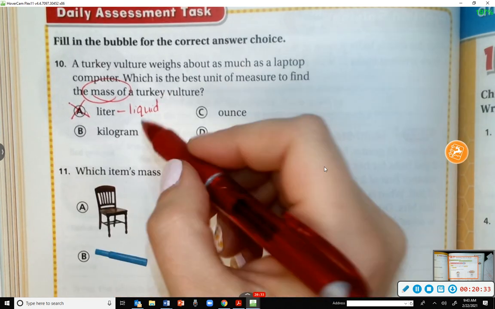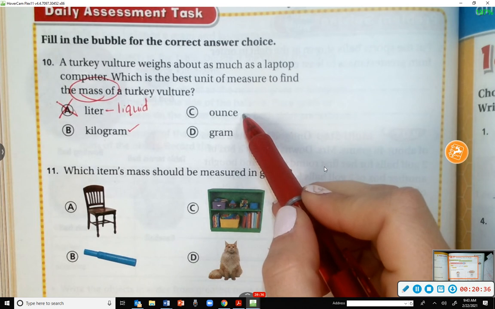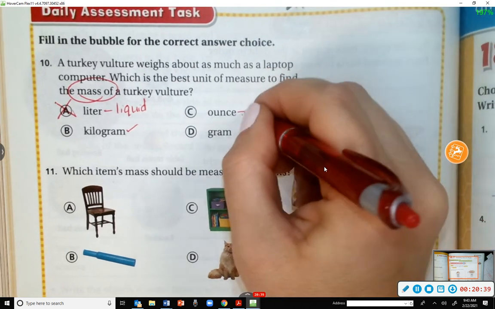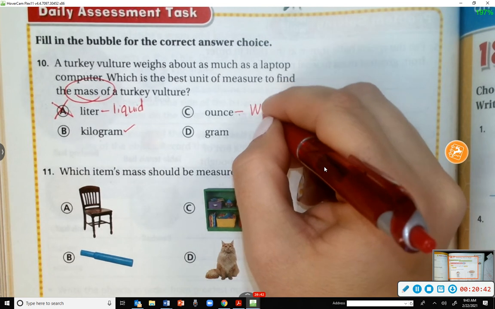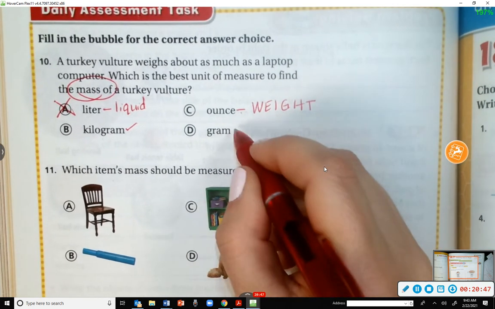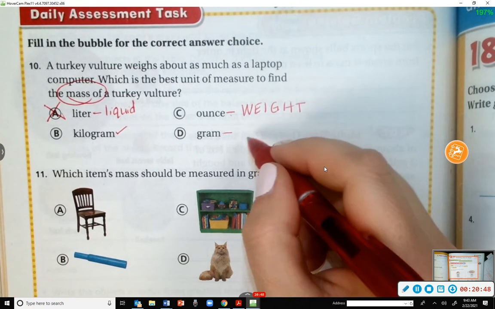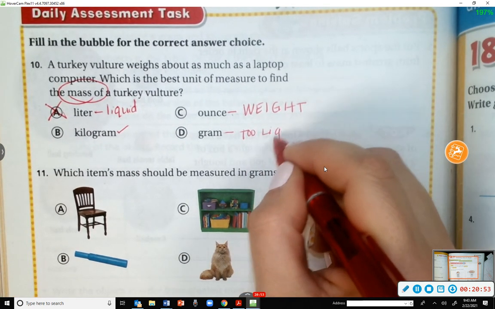Yes, they're pretty big. Okay? What about an ounce? No, ounces are not used for mass, they're used for weight. Gram, it is used for mass, but it's too light, right?